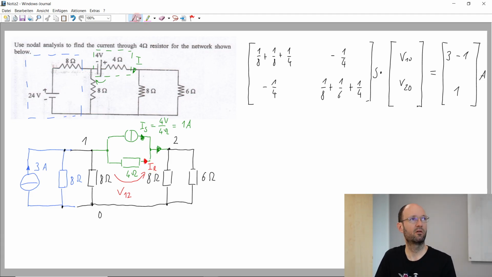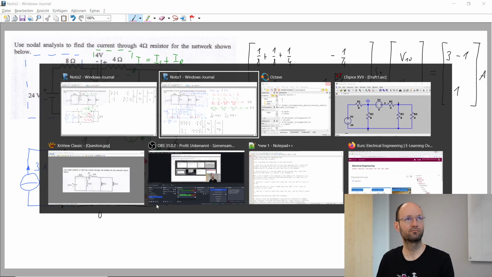And then our unknown current here should be the sum of this IS plus the IR, right? And this voltage here, V12, will be once again V10 minus V20. So this is the way to go.